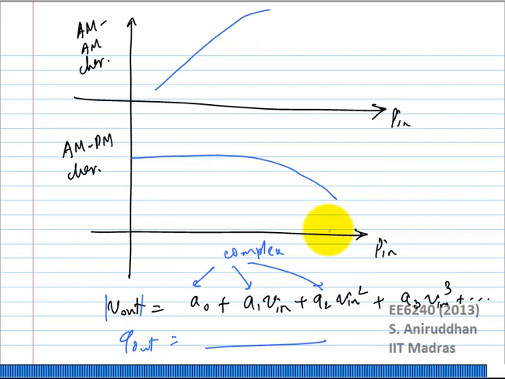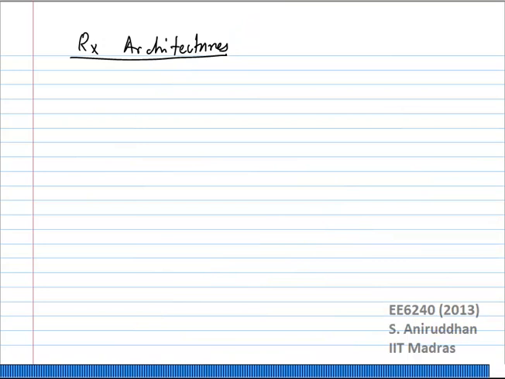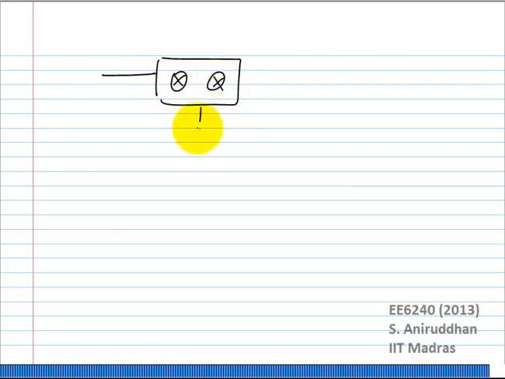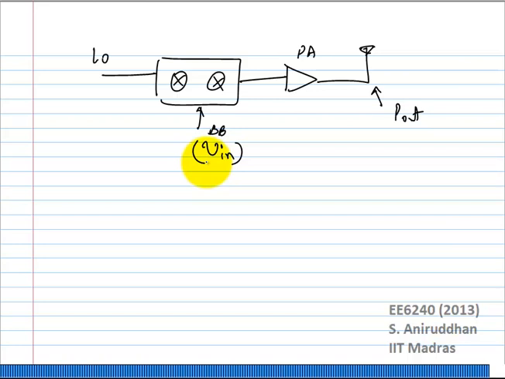If you were to characterize, let us say, a transmitter, so this will be P out, and this will be V in, of course, in this case.